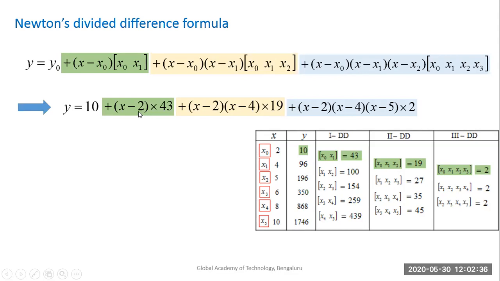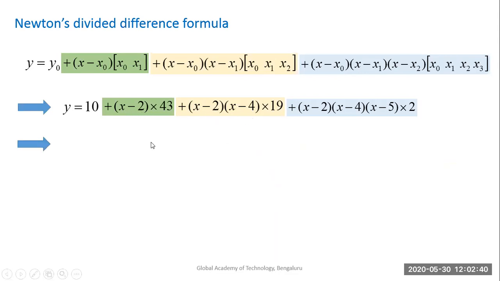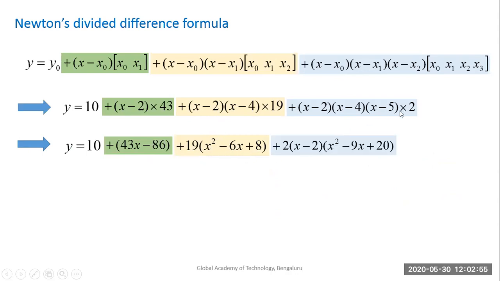Since we are finding a polynomial, x should be kept as it is. Now simplify each of the terms. x minus 2 into 43, you get 43x minus 86. 19 is kept as it is. x minus 2 into x minus 4, multiply these two brackets, you get x square minus 6x plus 8. Then 2 is kept as it is, x minus 2 is kept as it is, multiply these brackets. Now you get x square minus 9x plus 20.